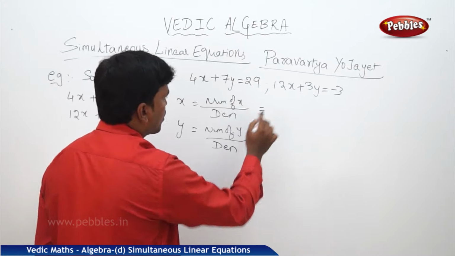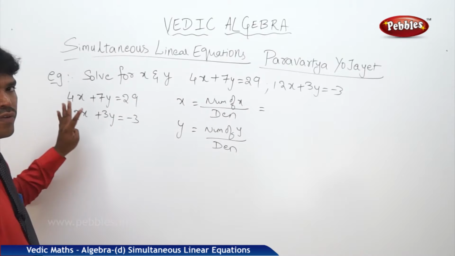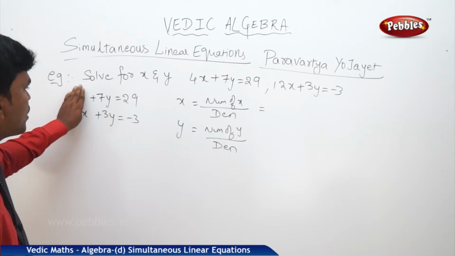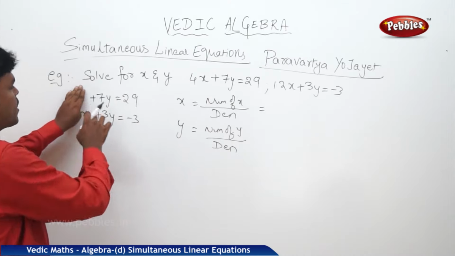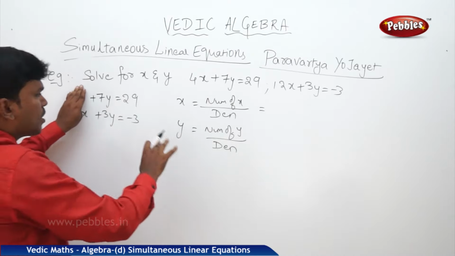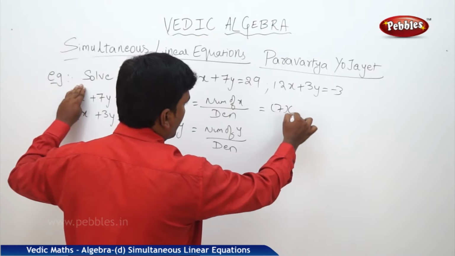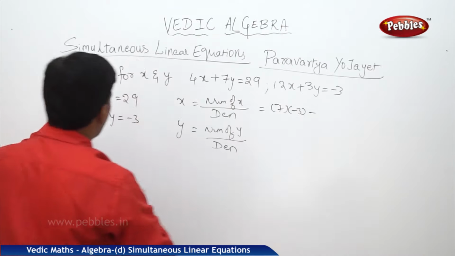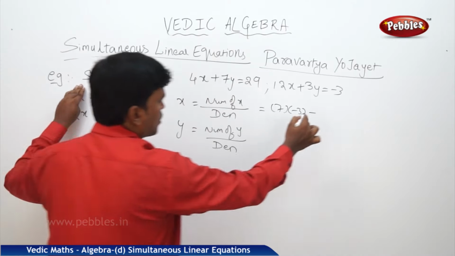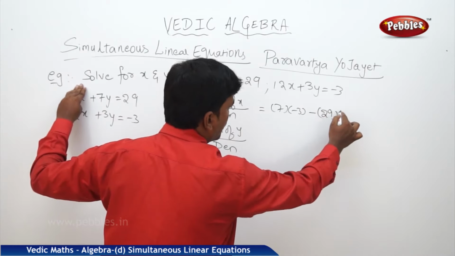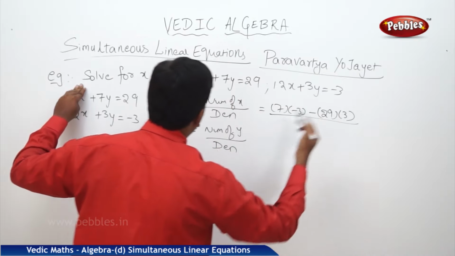So first, numerator of x, how will you get? Numerator of x you are going to get by ignoring the terms of x, and taking the cross multiplication and difference: 7 into minus 3 minus 29 into 3. What about the denominator?